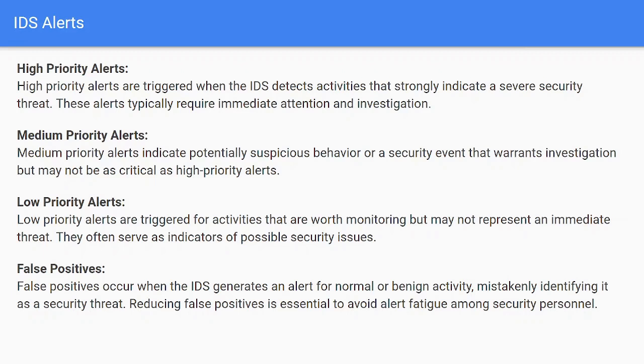And then the next one is the low priority alert. Low priority alerts are triggered for activities that are worth monitoring but do not represent an immediate threat. So basically they are low effect.